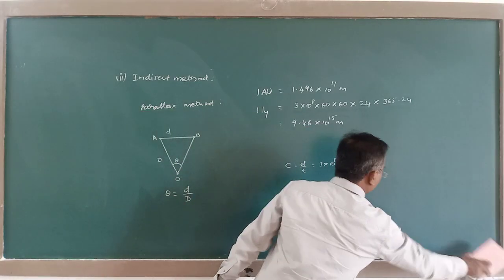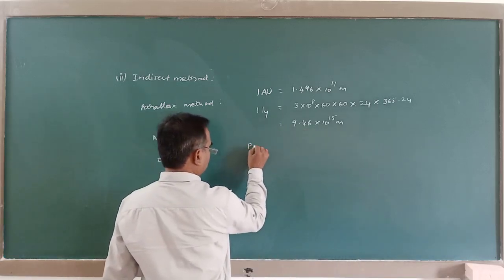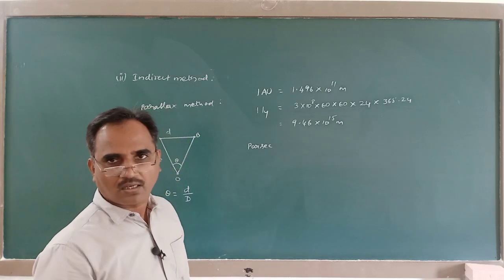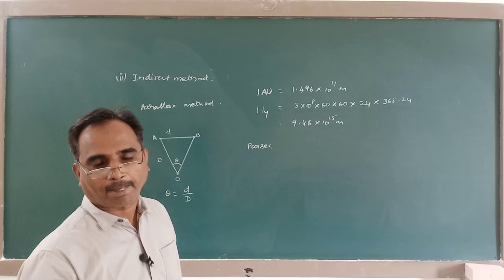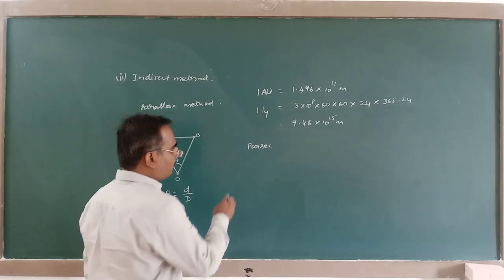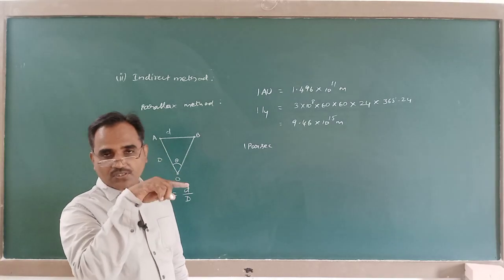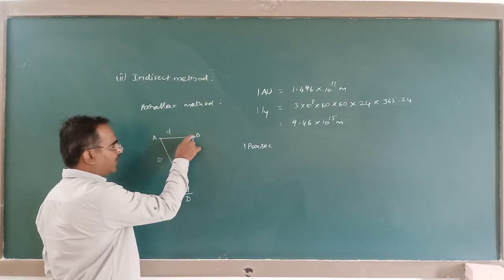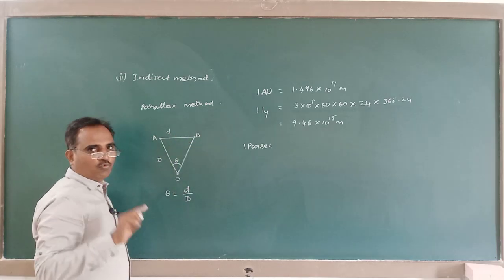The next one is parsec. Parsec is sometimes also called a parallactic second. See, 1 parsec is the distance at which 2 points separated by 1 astronomical unit subtend an angle of 1 second.